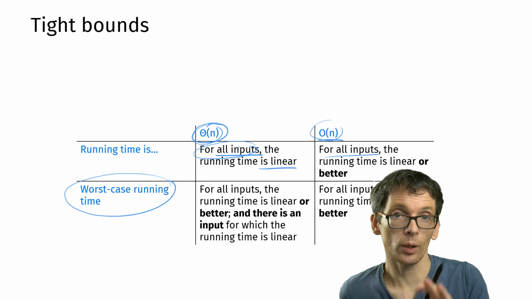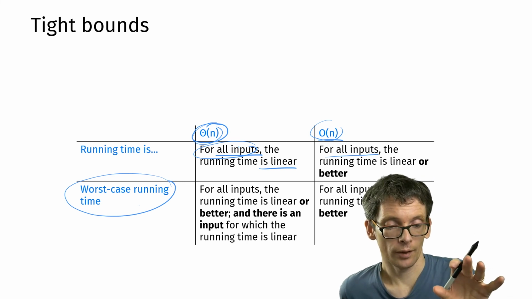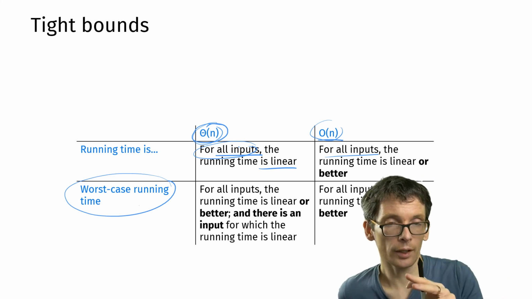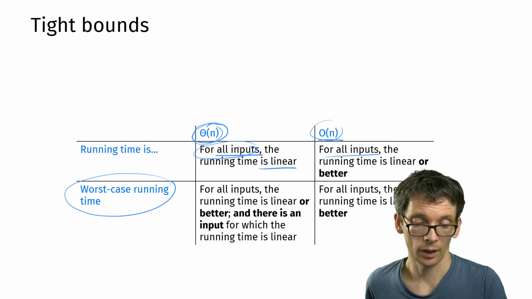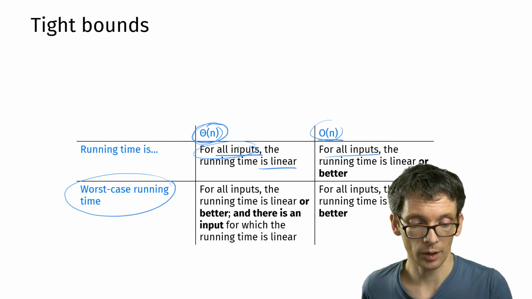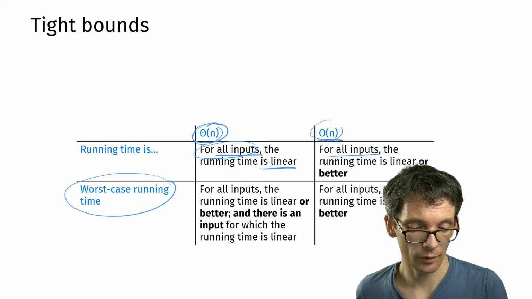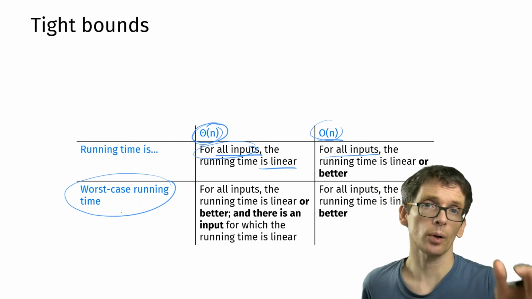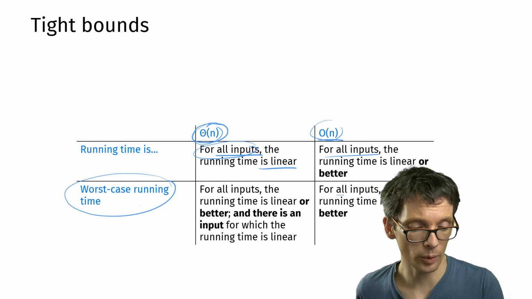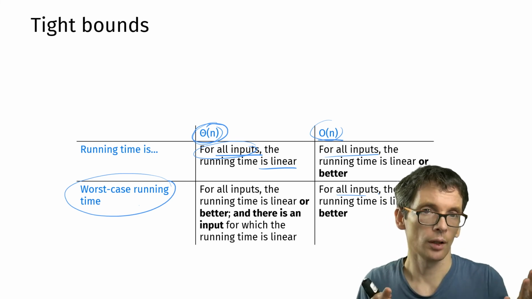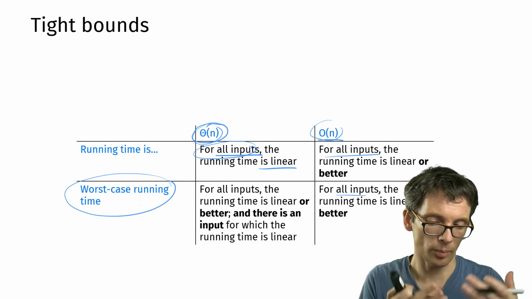So here I'm saying the worst case running time is linear. That might still mean that for other instances, the algorithm is faster. If I say the worst case running time is in O of n, then again, the worst case is bounded by O of n. That means also that for all inputs, it's bounded by linear, because all inputs are bounded by the worst case.